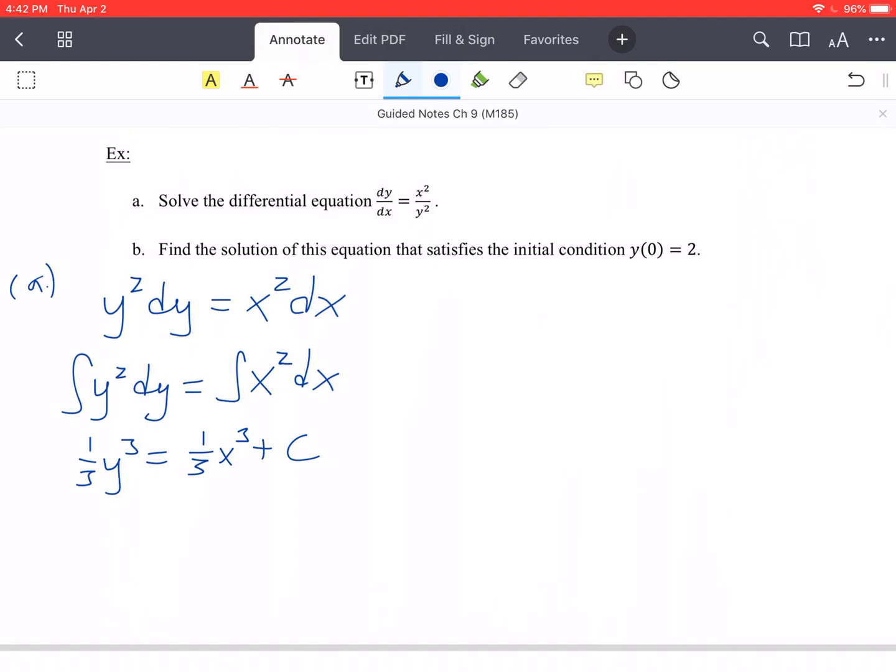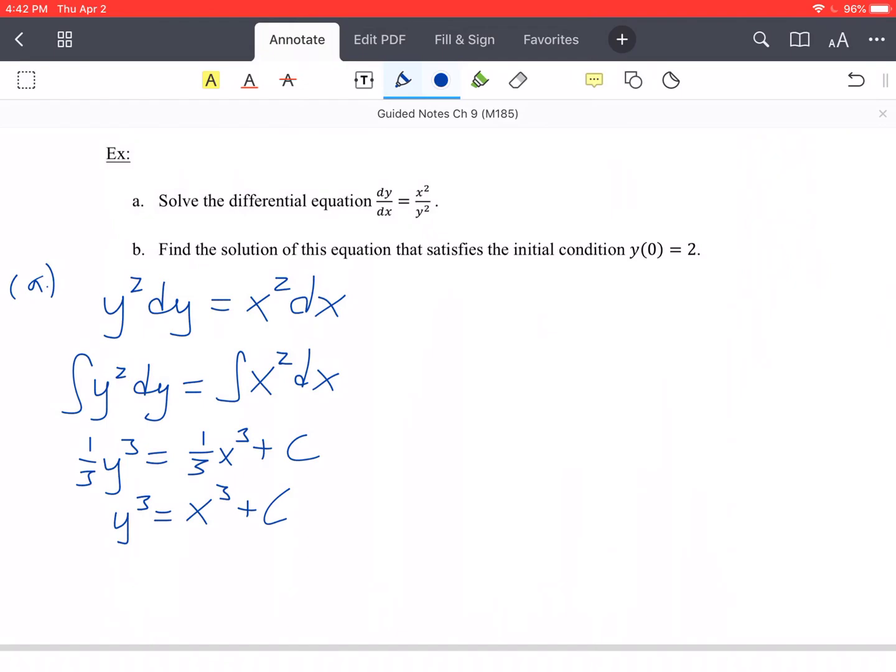Multiply the 3 across to get rid of the 1/3, so that's y cubed equals x cubed plus, now it would be 3c, but because c is purely arbitrary, 3c and c doesn't matter. You can call it something else. In the book they call it k, but because it's arbitrary, the c just absorbs the 3.